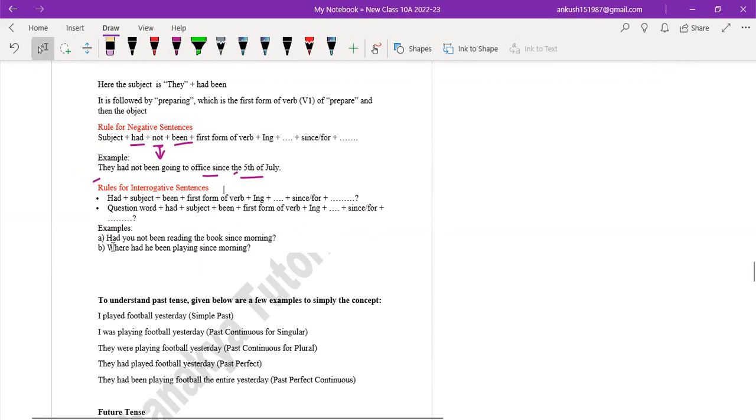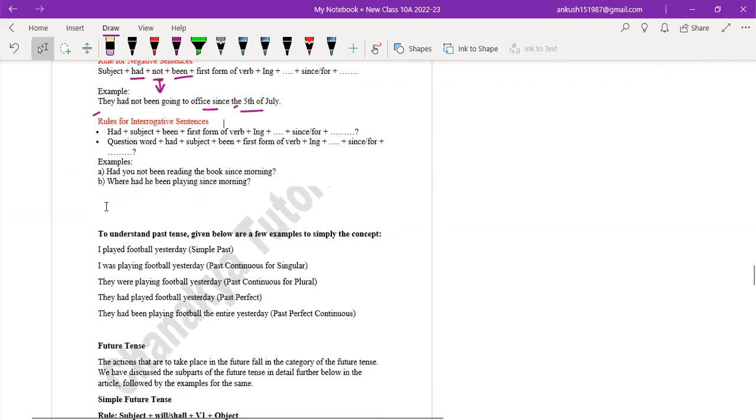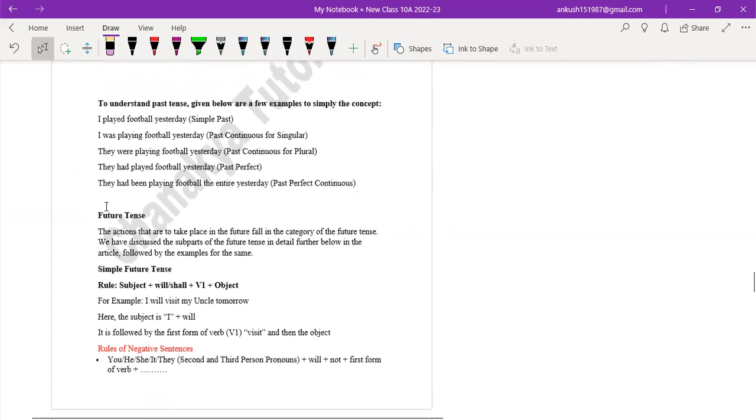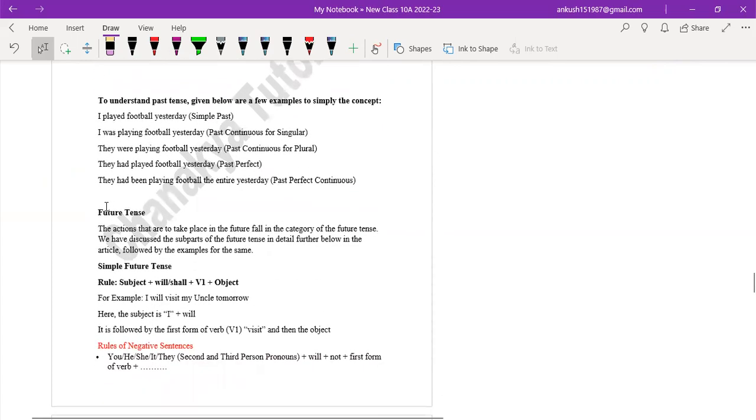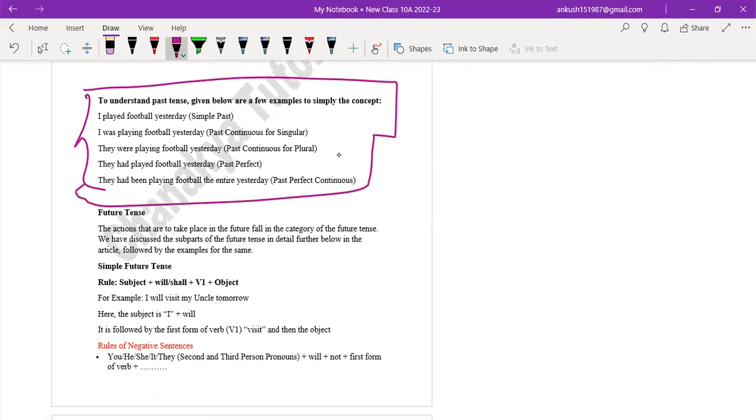Okay, understood? Yes, sir. Now let us move to another understanding of tense, and that is future tense. These are only the sentences which are written over here, and they belong to each subtype of past tense. There is nothing to be told over there.